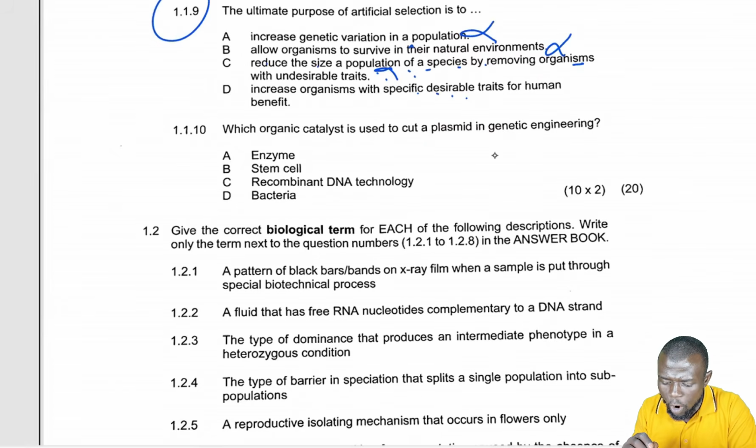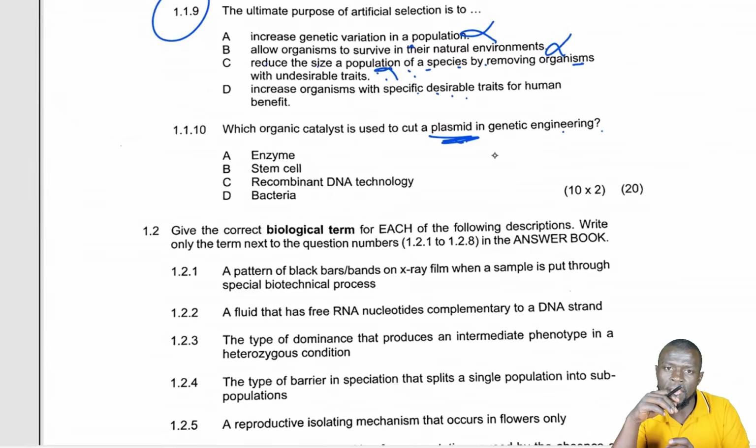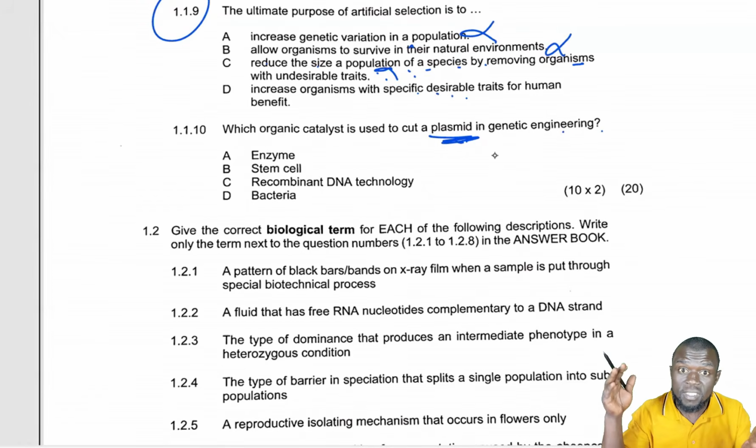1.1.10. Which organic catalyst is used to cut the plasmid in genetic engineering? Remember, a plasmid is found in the bacteria. This plasmid is the one where the enzymes are used. We call them restriction enzymes, basically.